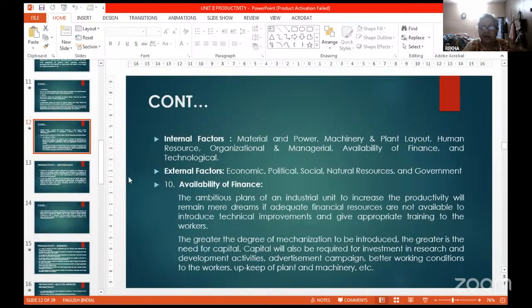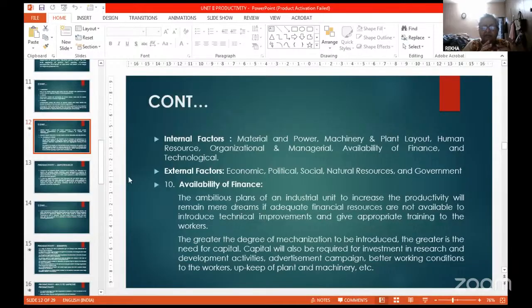Your plant layout will affect that. Human resources, organizational and managerial factors, and availability of finance and technology. These are all under your control. These are internal factors. What are external factors? Economic, political, social, natural resources, and government.